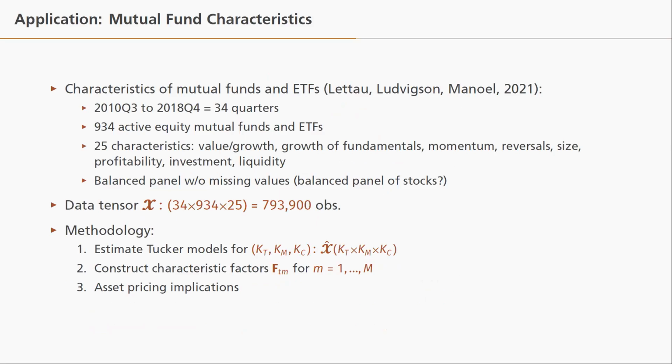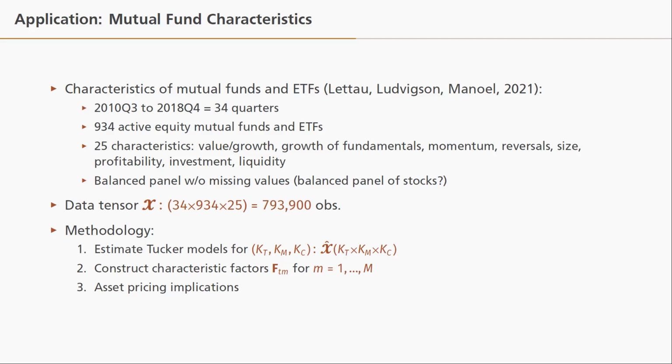I use a data set on mutual funds and ETFs, so active funds that trade mostly in domestic equities. So I roughly have a little less than 1,000 funds, and the reason I use mutual funds is because I get 34 quarters. It's not super long.